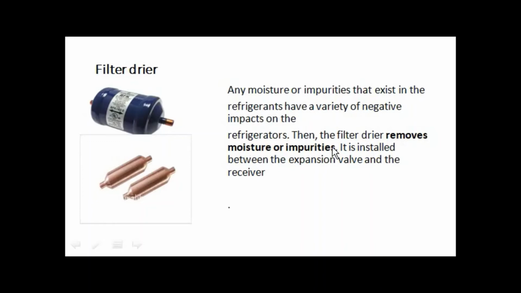This is the main function of the filter. Do you understand this? It is installed between the expansion valve and the receiver.